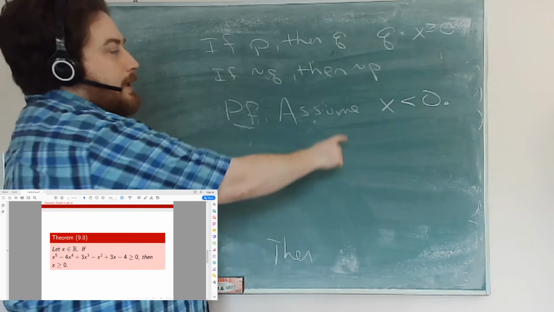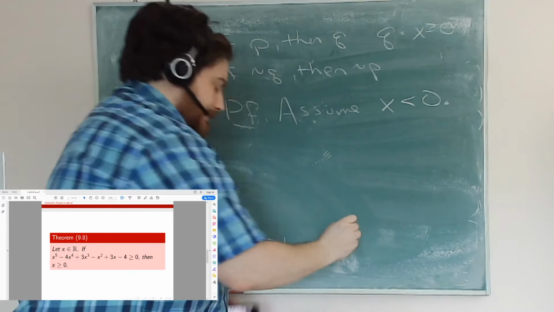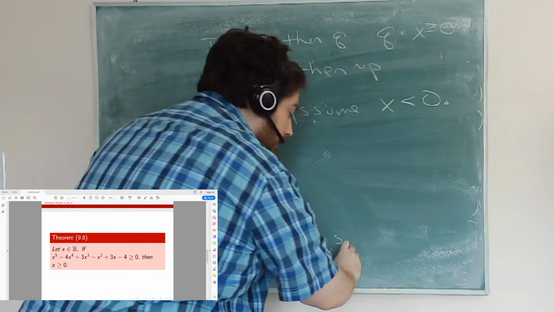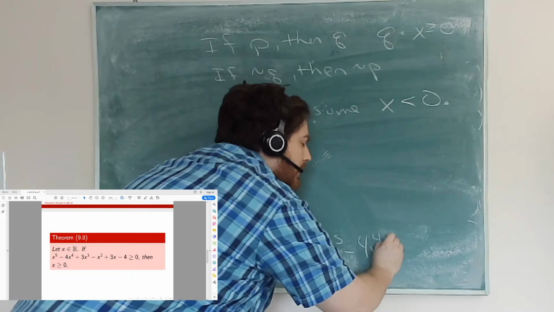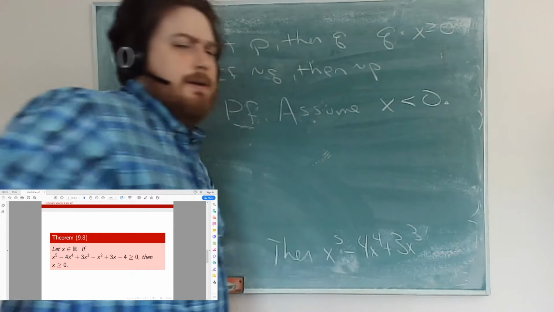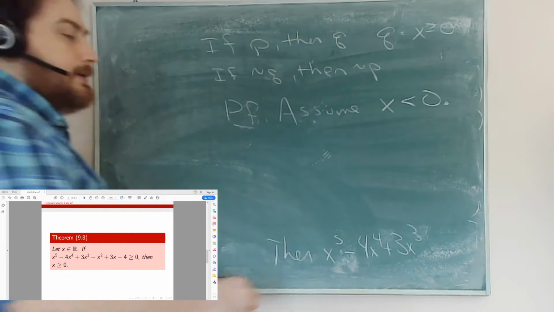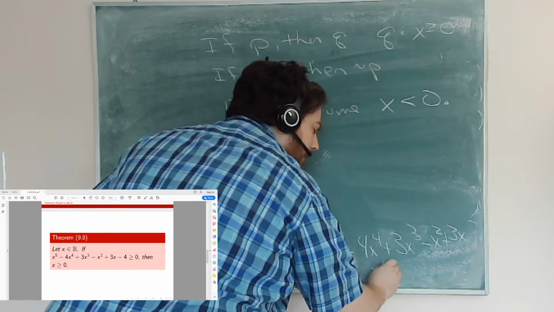Then what we have to show is not P, where P was x to the 5th minus 4x to the 4th plus 3x cubed minus x squared plus 3x minus 4.